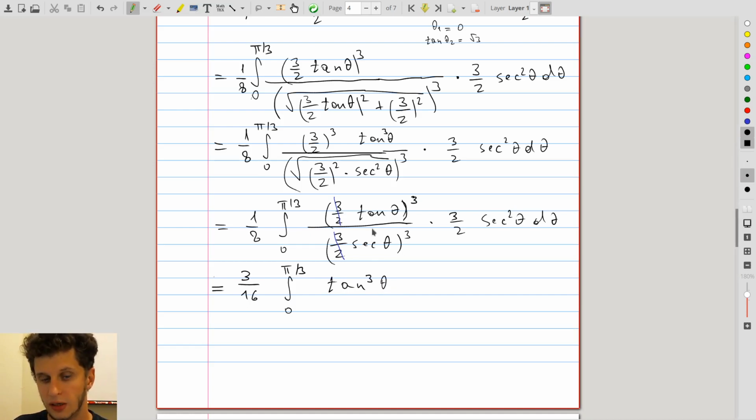Instead of dividing by the entire secant theta cubed, I can cancel this secant theta with 2 factors from the denominator. So that will leave me with a single secant theta, d theta.